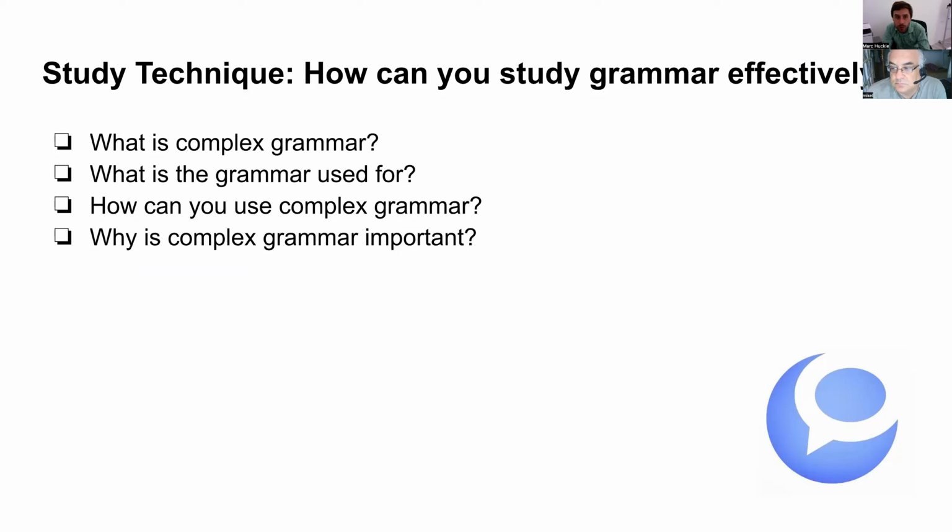Now, we use complex grammar to express complex ideas. What we're going to do is look at what is complex grammar, which structures count, what the grammar is used for, the reasons we use this grammar, how we can use complex grammar, and why complex grammar is important. So let's see.